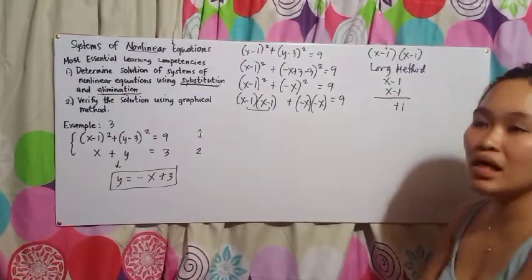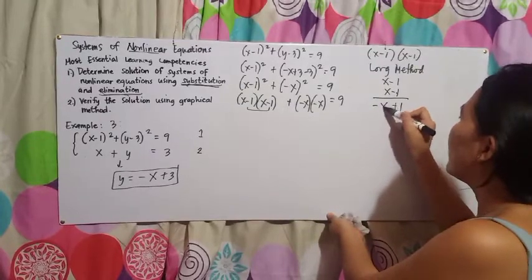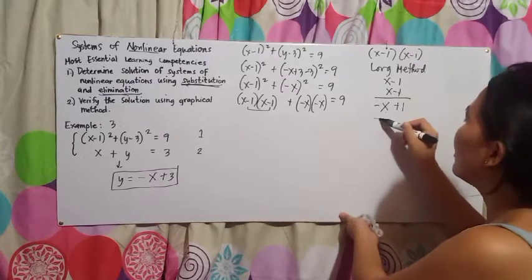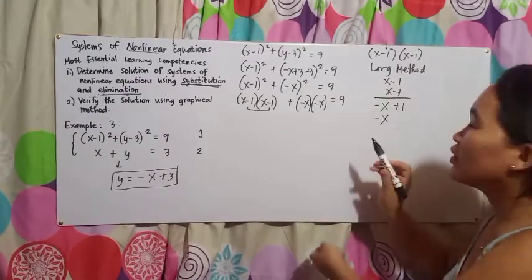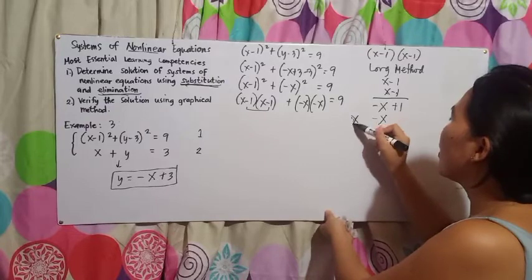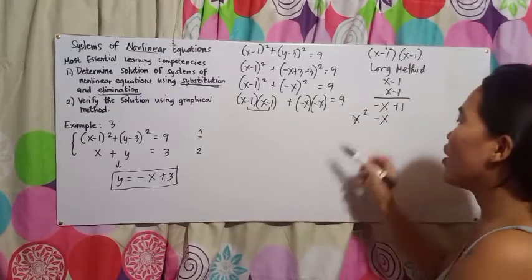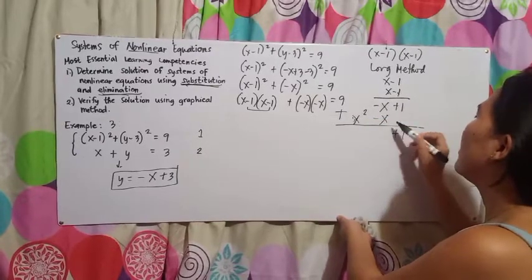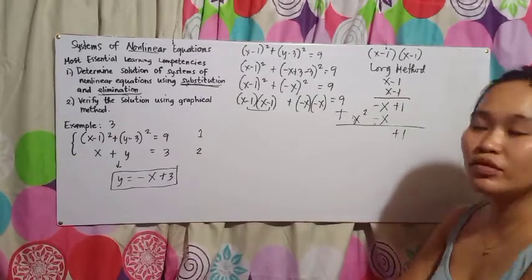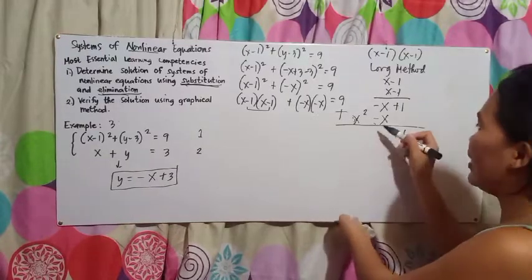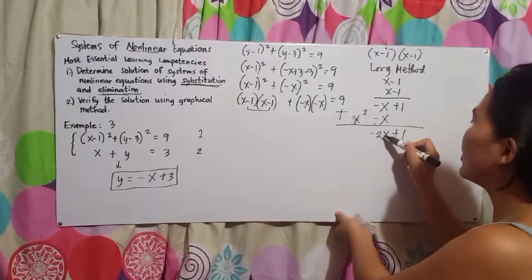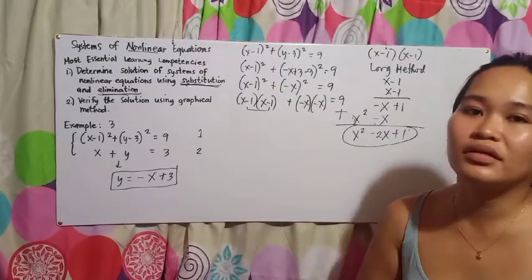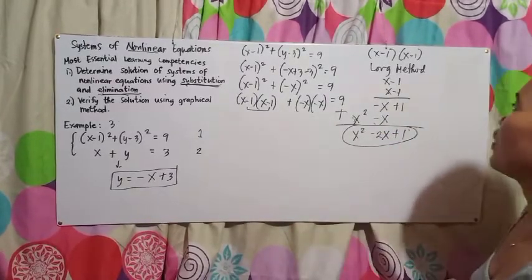Negative 1 times x is negative x. x times negative 1 is negative x. x times x is positive x squared. Then we add them. Since both are negative, we add and copy the sign, so negative 2x. Then bring down. So the answer now is x squared minus 2x plus 1.